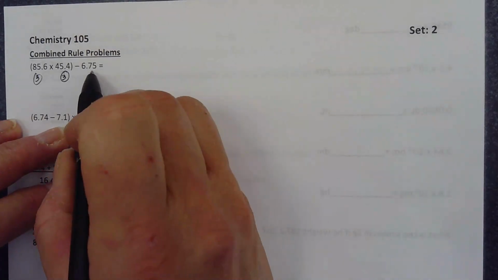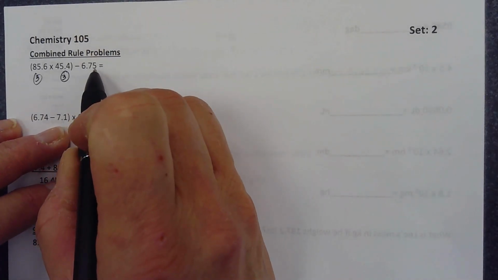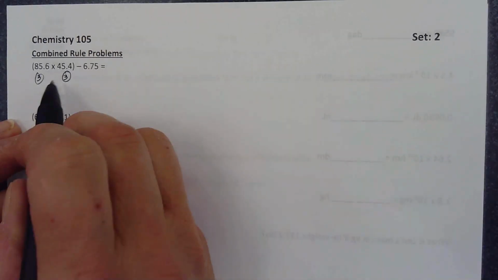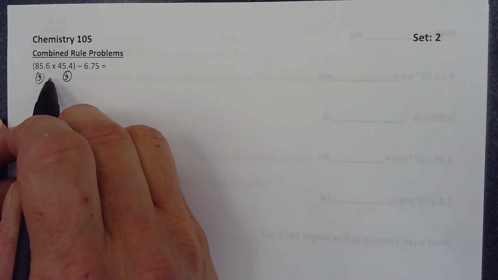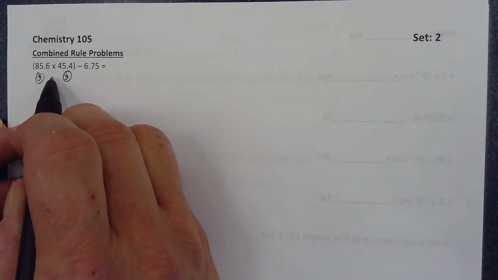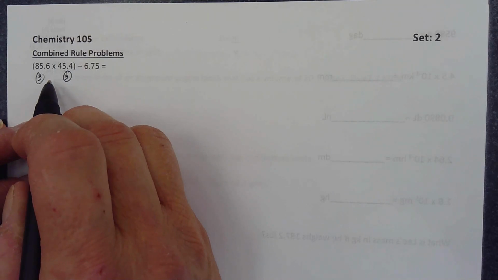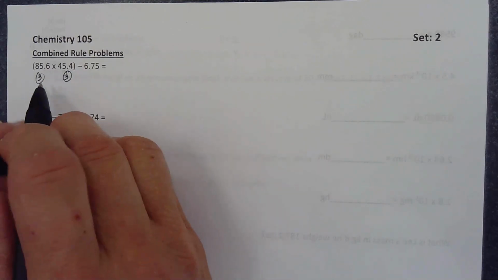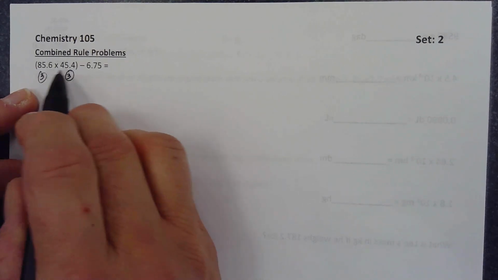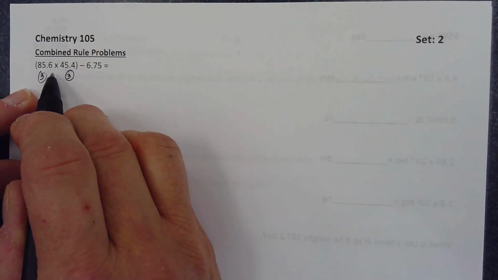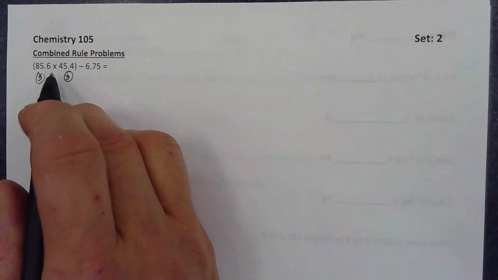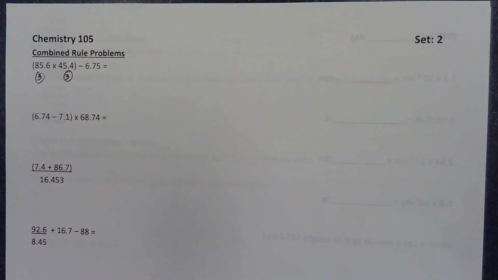So here we have something that's precise to the hundredths. How we use this is going to depend on what we get here. So how do you do these problems? You do 2 different steps. You have to do both problems. So we're going to take these 2 numbers first and multiply them. And then that's not going to be your final answer, so you cannot just run it all through your calculator and then round at the end.